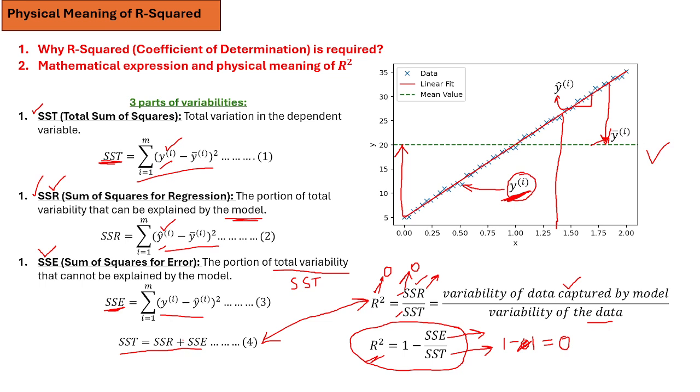Another thing that is really important to consider is that, as I said, the value of R squared varies from 0 to 1.